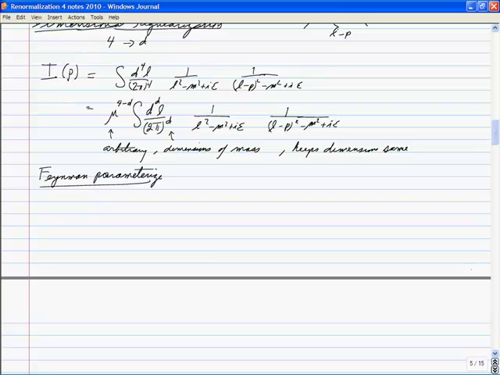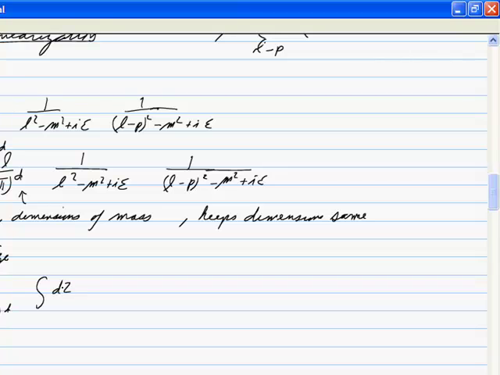So this I of P is actually simpler. There's only two propagators there. This part's easier. I have μ to the 4 minus d, integral d^dL over (2π)^d. I only need one factor, dz. Let me write out the answer and then we'll see it.